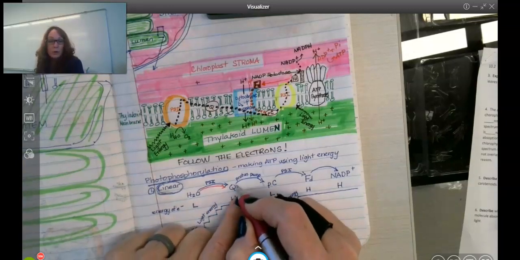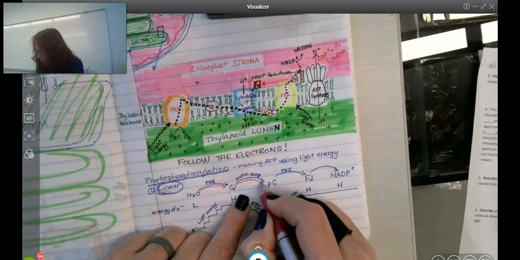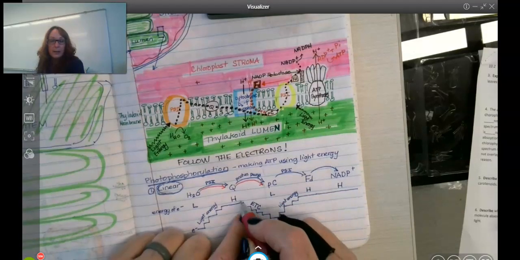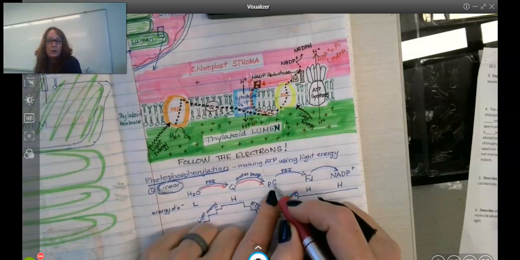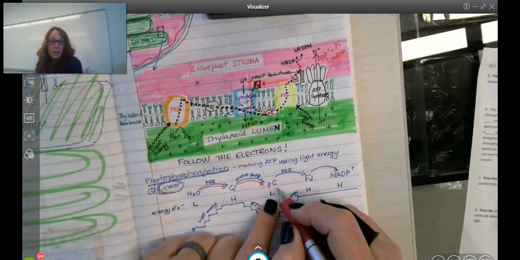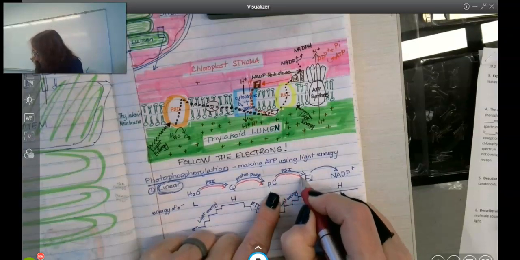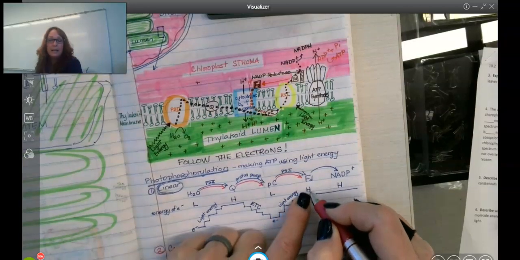Then we're going to pass those through the electron transport chain, which means you're going to pump hydrogen ions by using that drop in energy to power your pump. Now the energy of your electrons is low again. So we're going to re-excite them with a different wavelength of light. So now we're back up to high energy.